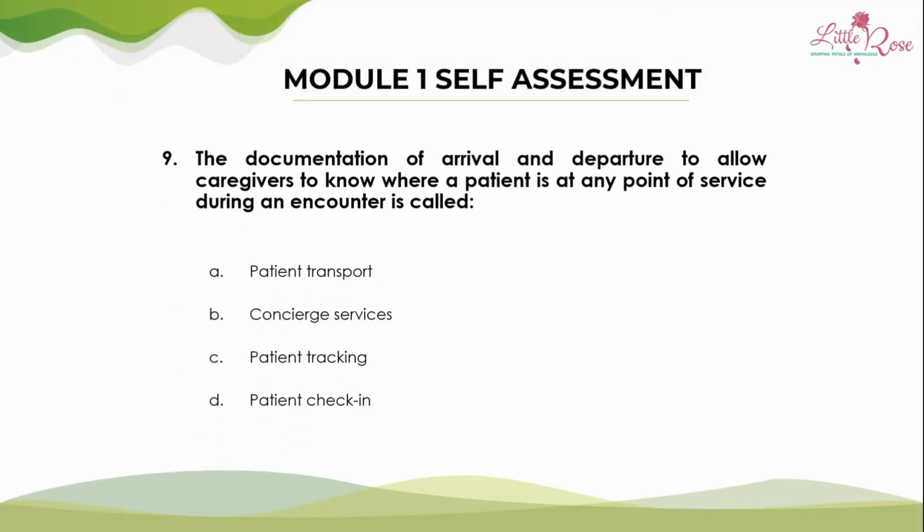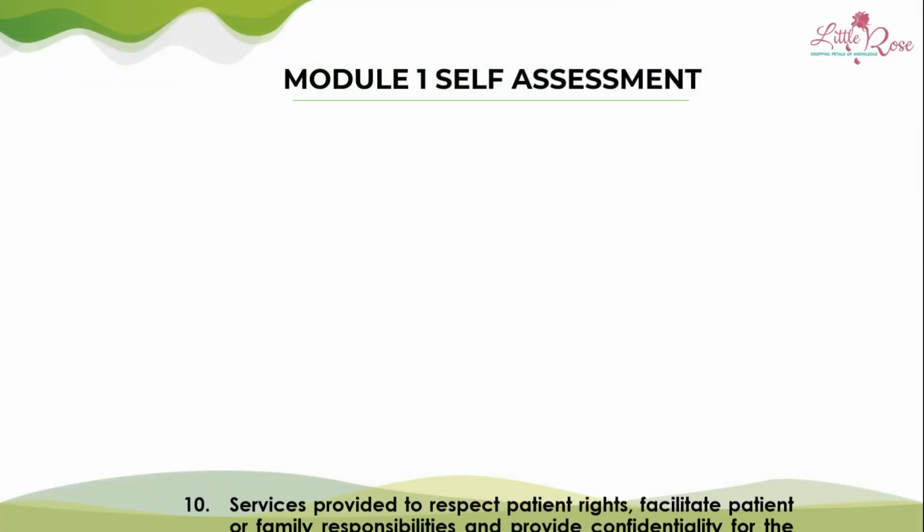Question number 9. The documentation of arrival and departure to allow caregivers to know where a patient is at any point of service during an encounter is called: A. Patient transport, B. Concierge services, C. Patient tracking, D. Patient check-in. Question number 10.